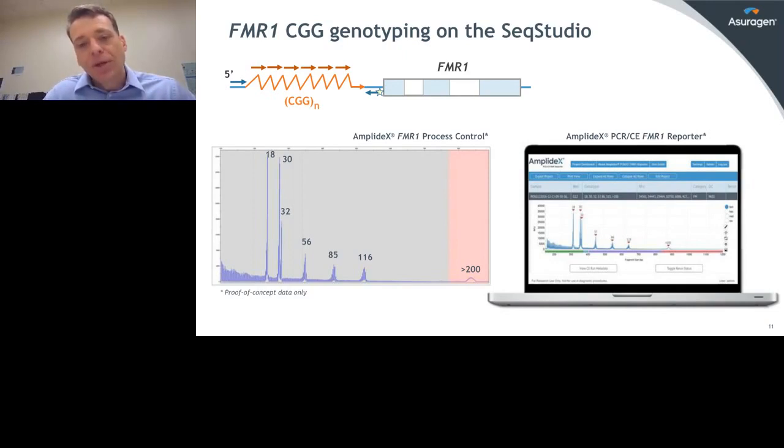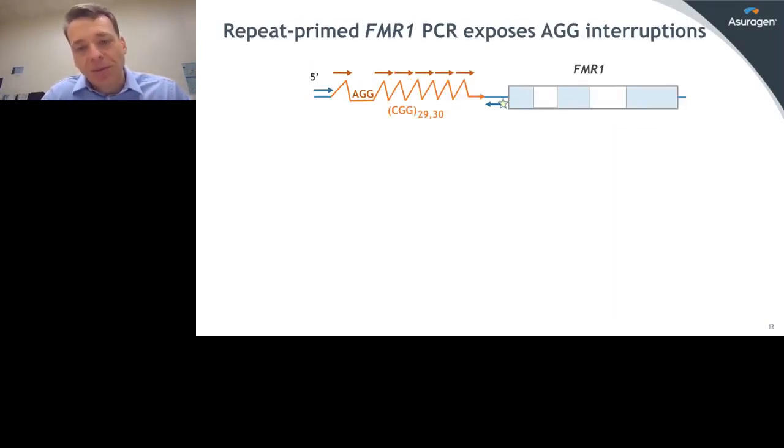And so our approach, particularly here in the US, has been with RUO products that incorporate wetware, hardware, and software. Wetware, the right reagents, in this case for this challenging locus, for PCR, that can be combined with the right hardware, and we've already established this assay with Thermo Fisher's 3730, 3500, and 3130 instruments, and software.